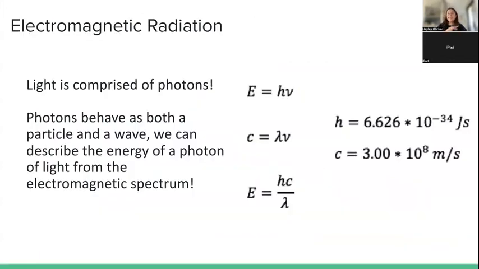So let's talk again about how we can take this one step further and now find the energy of our different waves. Our electromagnetic radiation means light. And light is comprised of photons. Photons are the particles in light that behave also as a wave.